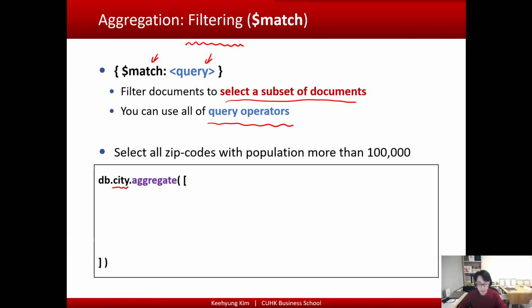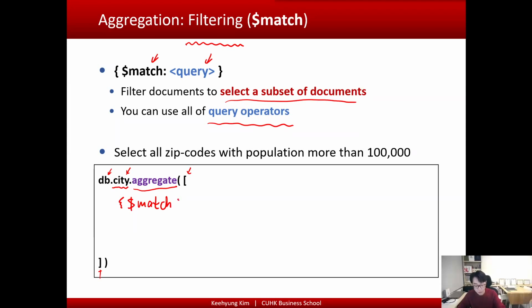If we use that collection, we can design something like this. If we want to select all zip codes with a population of more than 100,000, then we can use the match operator inside the aggregate function. So we specify the DB, the CD collection, the aggregate function, and a list of operators we can specify inside here. The operator in this case we can utilize is the match operator.